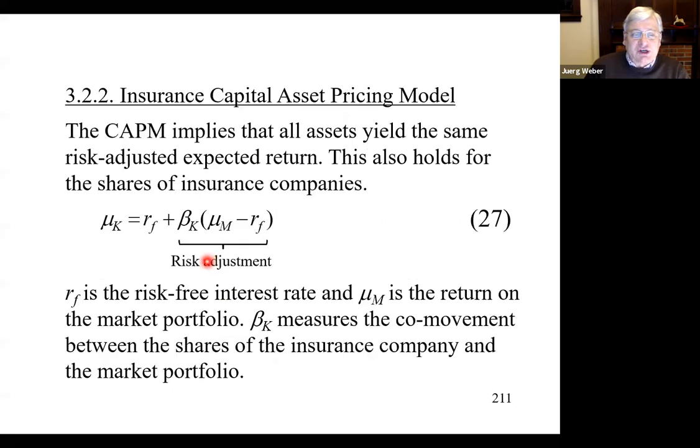So if the share is completely independent of the share market, has no relation to the market return, then beta k is 0. And so there is no risk adjustment. The share has no risk, and that's why the share then simply returns the risk-free interest rate. And here we have a 0.